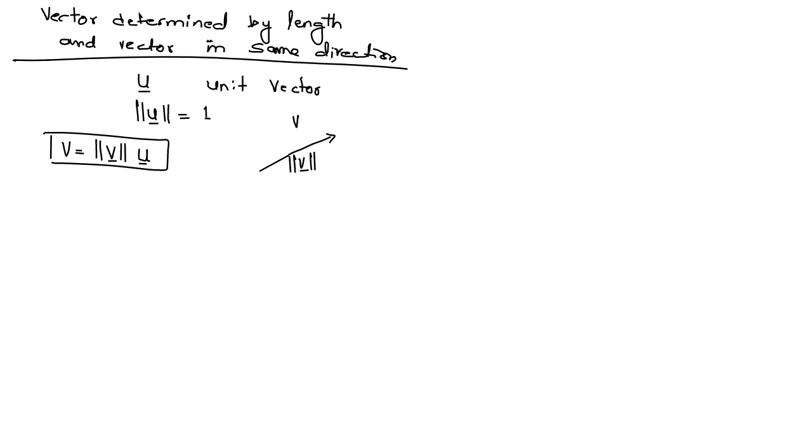I choose these points and I want to find the vector of this one. So you have to be sure about the magnitude of this vector and a unit vector. You have to find the unit vector for this vector.